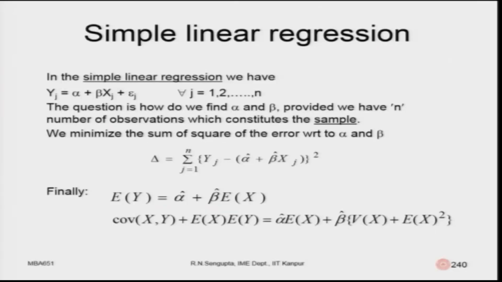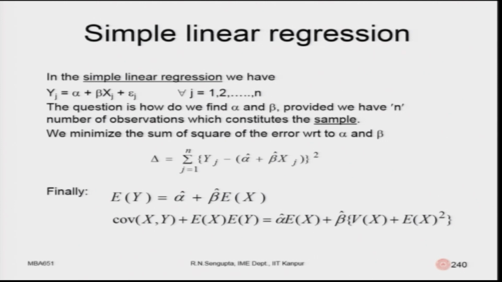So, in the linear regression system we have yj equal to alpha plus beta xj plus epsilon, with j equal to 1 to n number of readings. The question is how do we find alpha and beta, as I mentioned. Provided we have n observations which constitute the sample, we minimize the sum of the squares of the error with respect to alpha and beta.